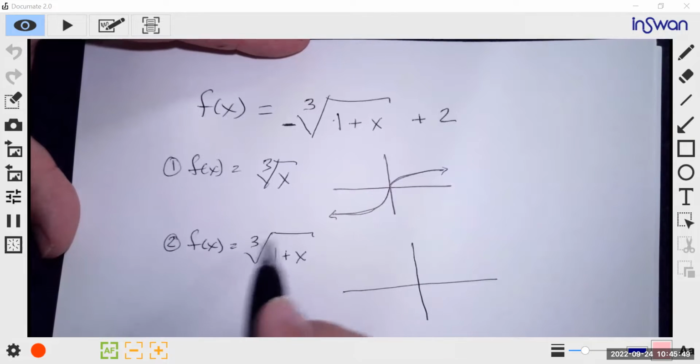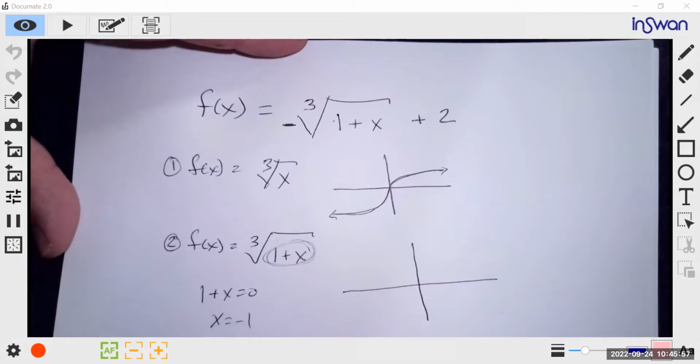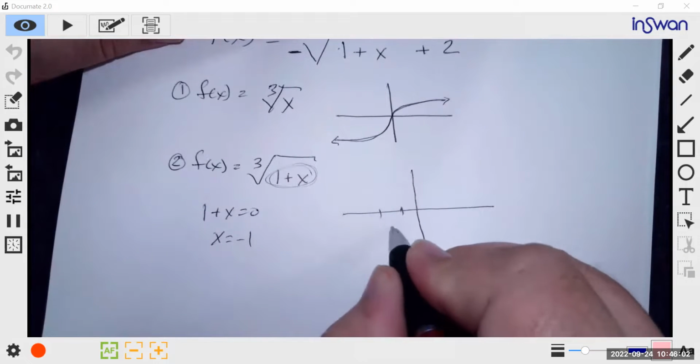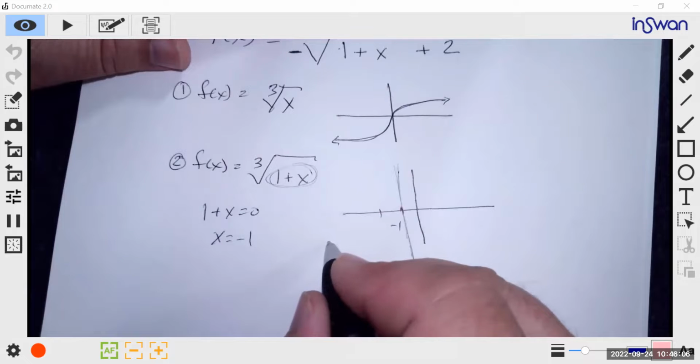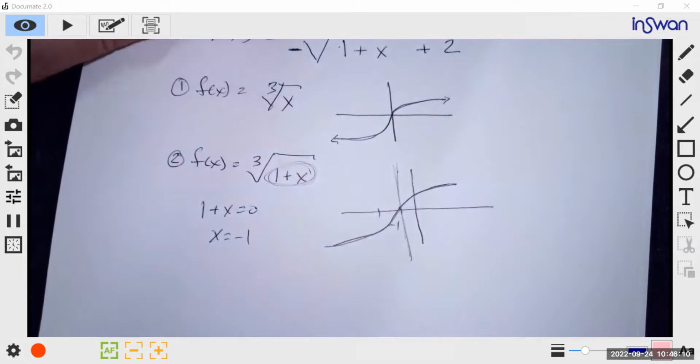Well, yeah, here's the function. Take what's inside there and set it equal to 0. That's negative 1, right? So that means we're going to shift to the left 1 unit. The graph still looks the same. It's just shifted to the left 1 unit.